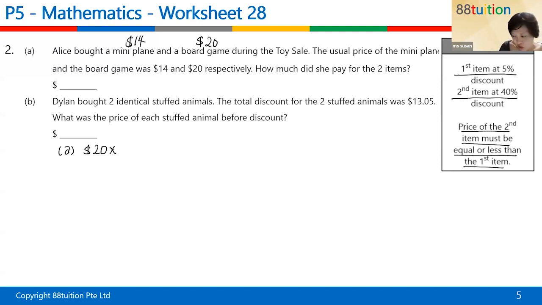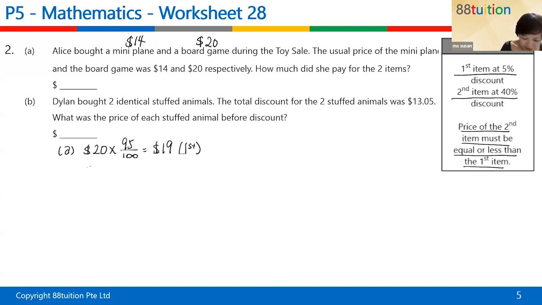So how to find for the first item, which is $20, you're going to pay 95% of it, because 5% is the discount. That will give you $19. So this is the first item.